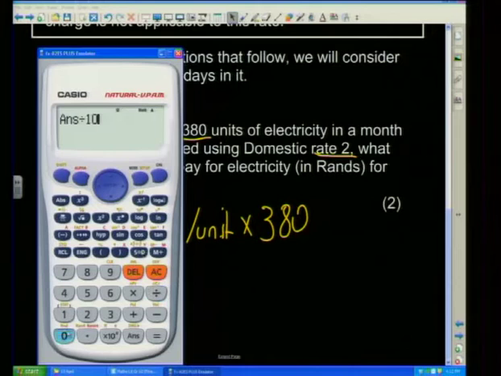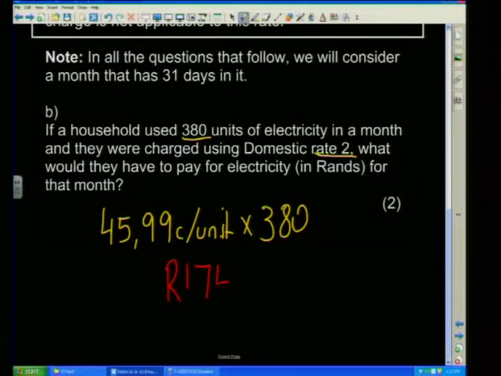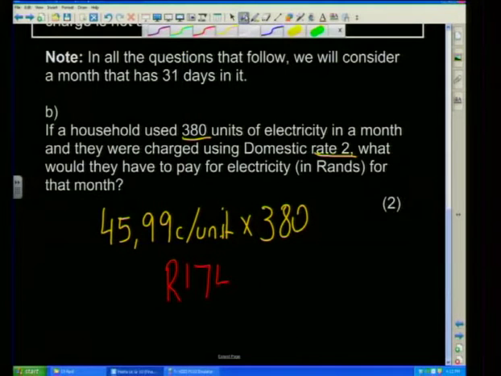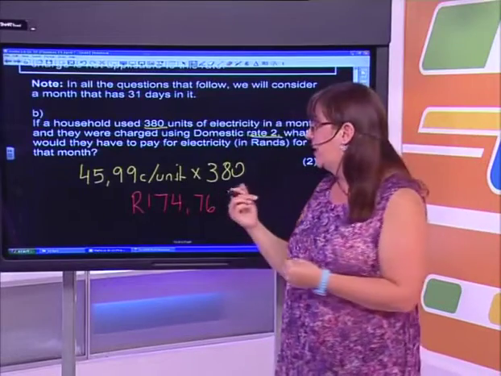I'm going to divide that by 100 to get my answer. So 174 Rand 76. They're paying 174.76. 174 Rand 76. And that's what they're paying for the electricity using the second rate.